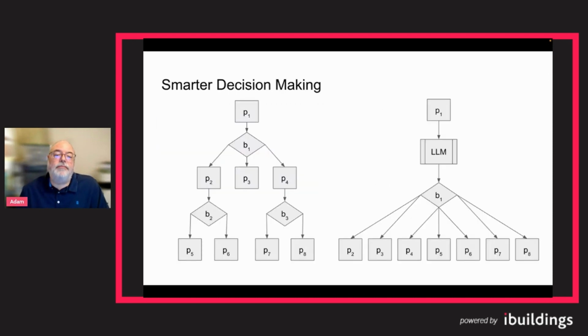Smarter decision making. So if you are like me and you have made decision trees, or you have made some sort of logic engine, those are highly complex. They take a very senior engineer to be able to do well, and an immense amount of testing and an immense amount of upkeep.